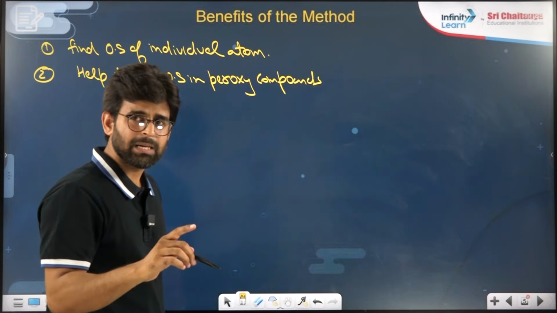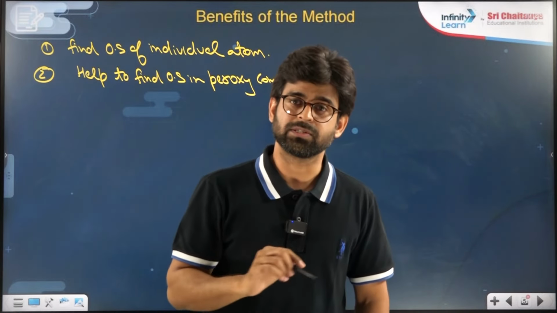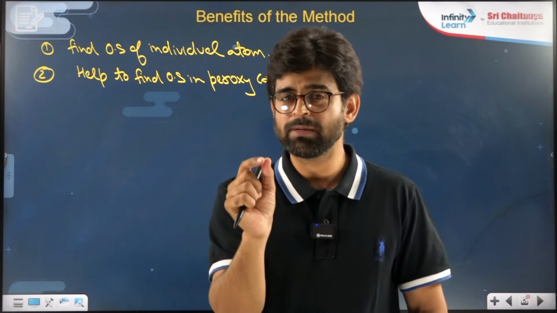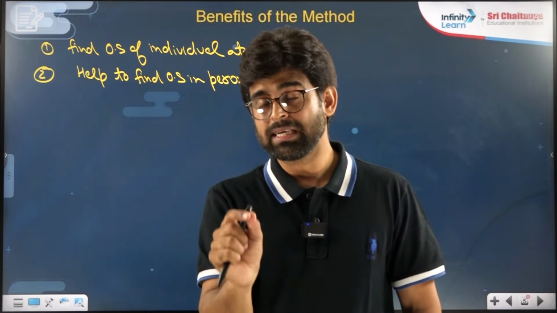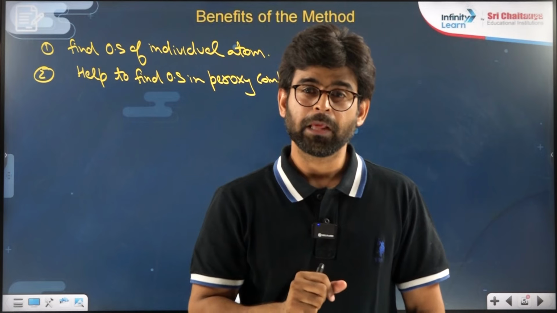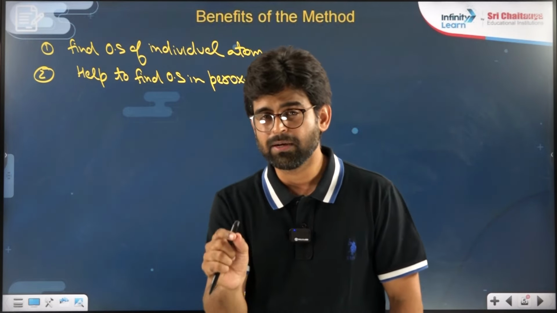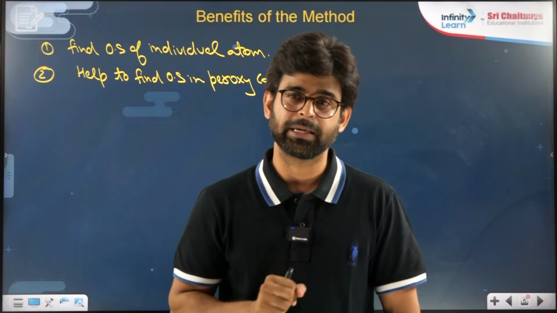If you directly apply the formula, you will get the wrong answer, because you don't know how many oxygens in your given molecule have a peroxide linkage. So if you apply the formula, you will put the oxidation state of every oxygen as -2 only.